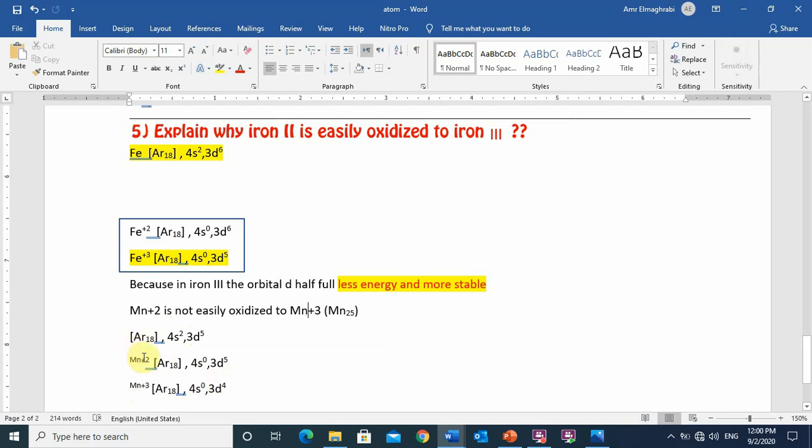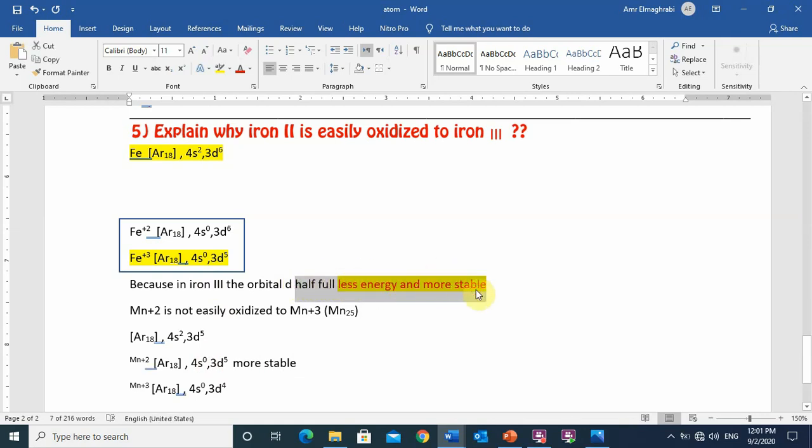Of course, in manganese positive 2, as you see, which one of them will be more stable? Of course, the more stable is when the D orbital has 0, 5 or 10. So manganese positive 2, which contains D5, is more stable, and it is more stable because the orbital D is half full, so it has less energy and is more stable.